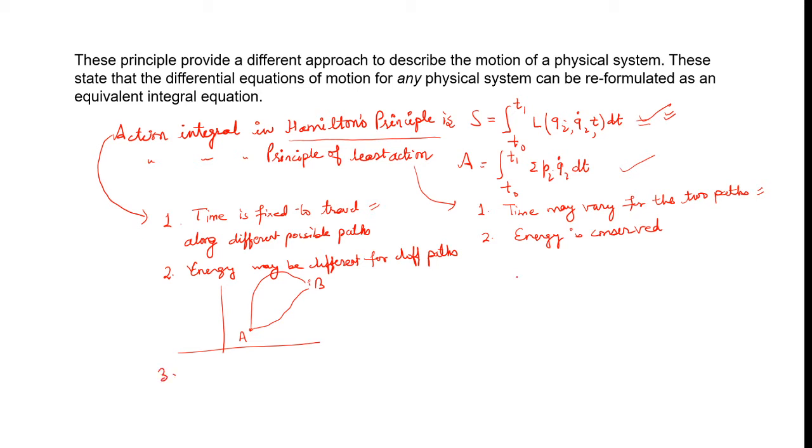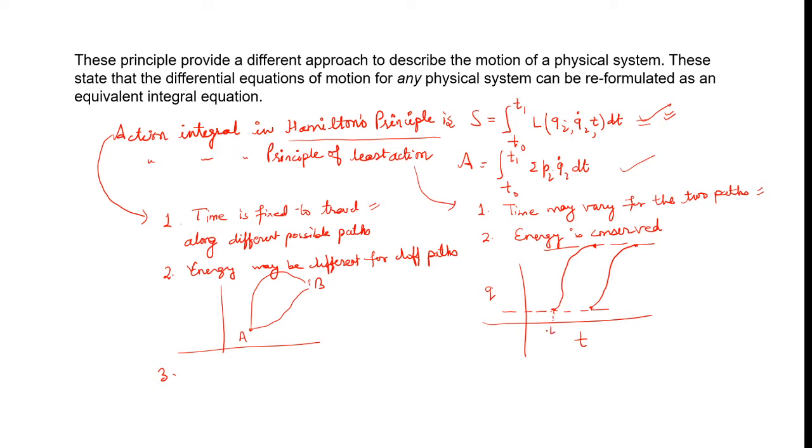Now in this system, if this is your time and this is the position coordinate, then a particle moves from this point. This is the position coordinate, this is fixed. It may adopt this path or it may adopt this path to reach from this point to this point. You see that the position coordinate is fixed, but time is varying.